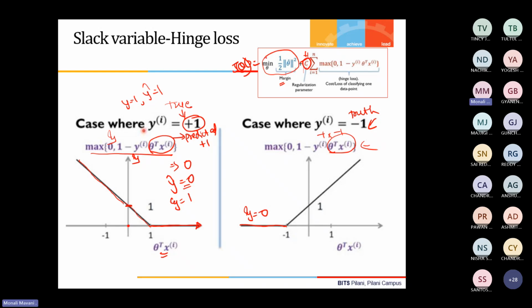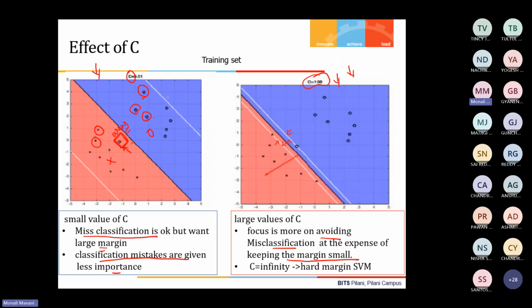So when the first term is more prominent, when we minimize this entire equation, we are more of minimizing the first term, which actually controls the margin width. So indirectly what we are doing, we are ensuring that we are maximizing the margin. So that's the effect of C. It's a hyperparameter, a regularization constant in case of soft margin SVM.